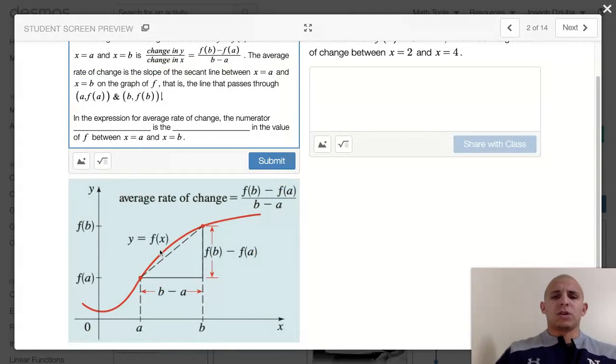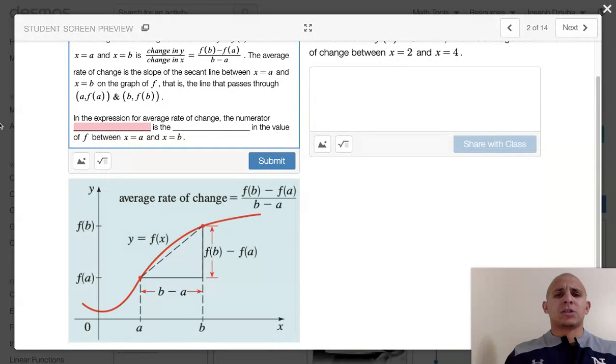If we take a look at our corresponding graph here, this particular point will represent an x value of a and a y value of f of a. This point up top would be an x value of b and then y value of f of b. And hopefully you've come to realize that this is nothing more than slope, but between two arbitrary points on a curve, rather than a straight line.